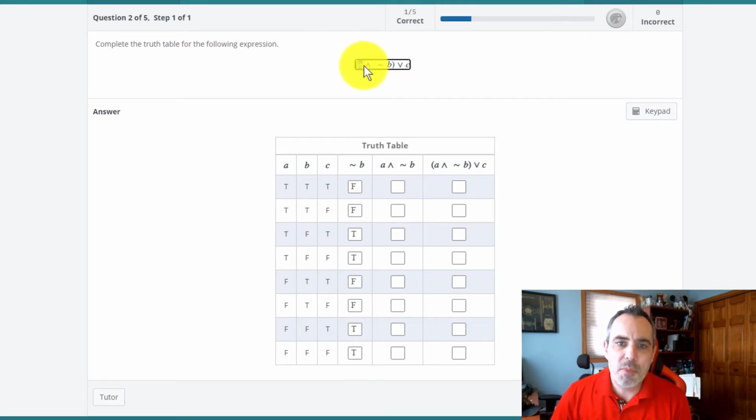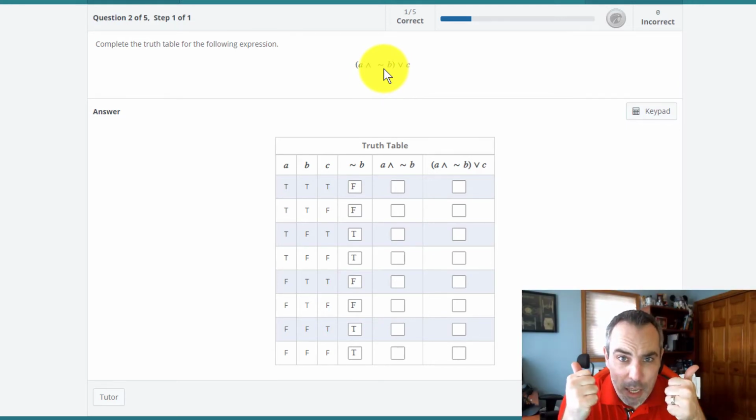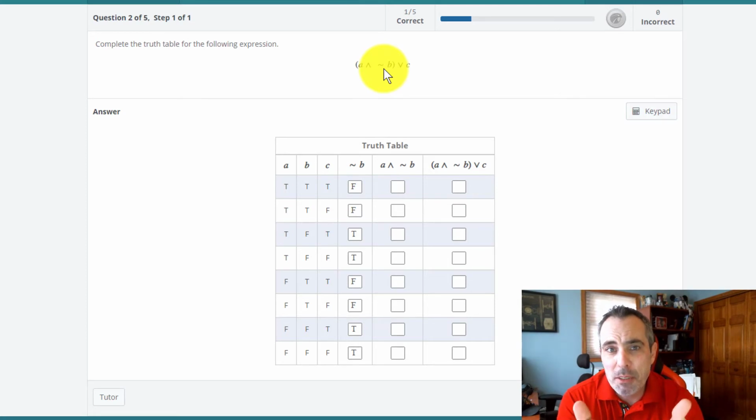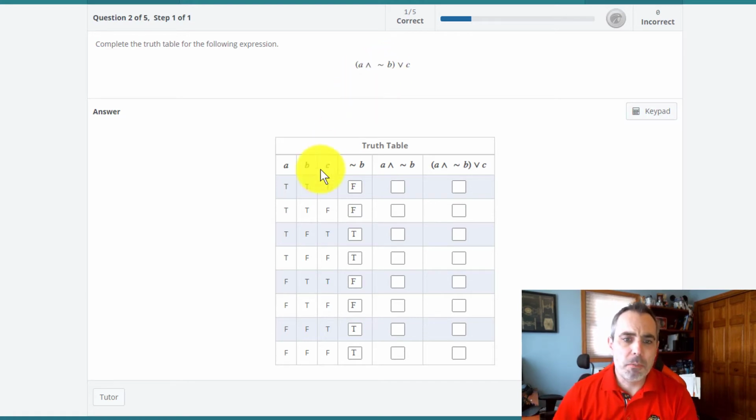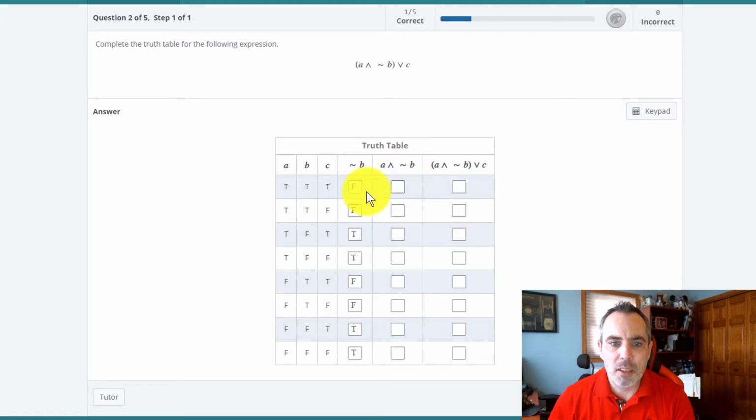Now, the next part of this statement is in parentheses, so you'll see they did it next. A and not B. The and is important because that means they both have to be true in order for this to be a true statement. If they're not both true, then it's a false statement, right? So, I am going to look at the A column and the not B column.